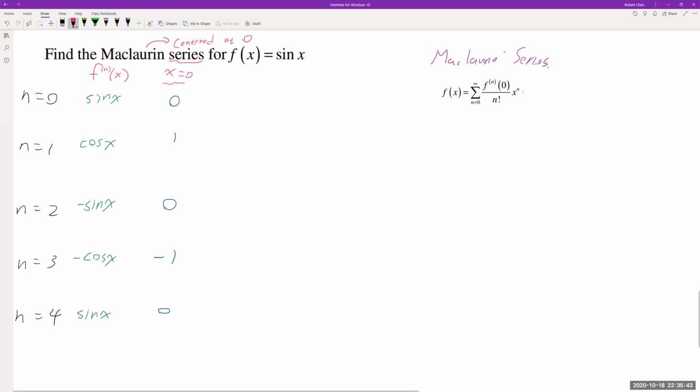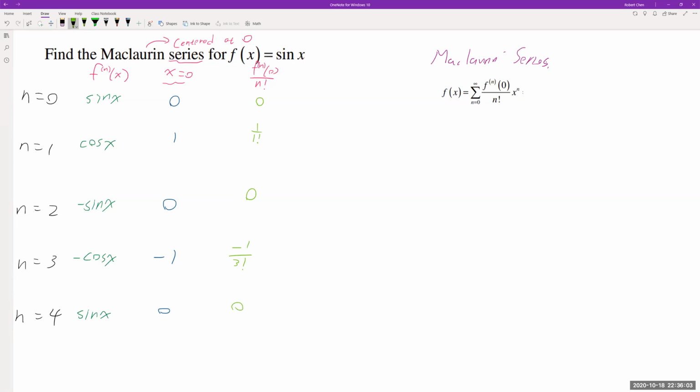Now let's put everything together. Looking at f nth derivative of 0 over n factorial, that would be 0, then 1 over 1 factorial, 0, negative 1 over 3 factorial, and 0.